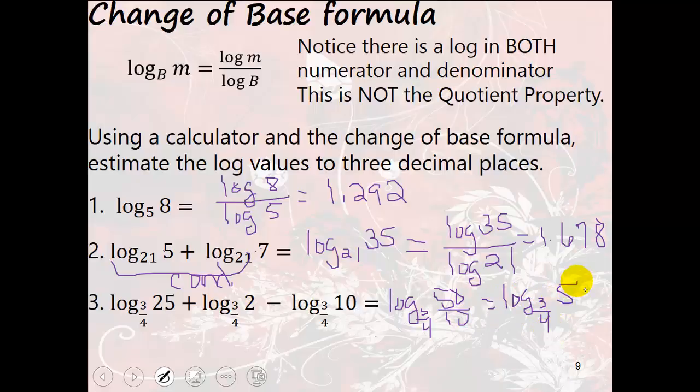So I'm going to take log base 10 of 5 and divide it by log base 10 of 3/4. Be careful with your parentheses, very, very careful with your parentheses. And you should get negative 5.595.